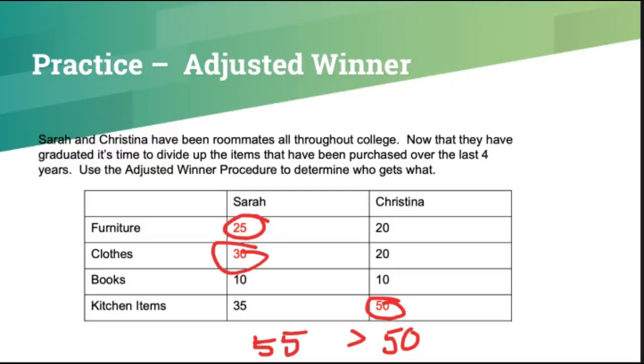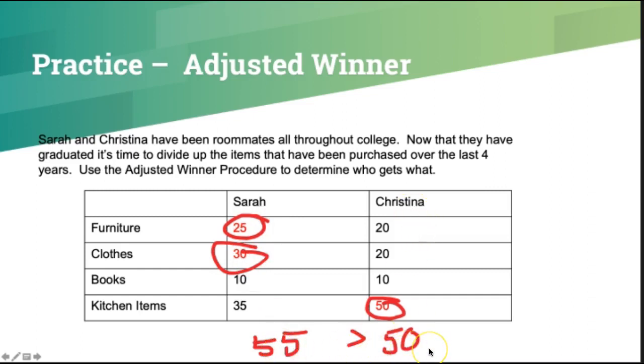We can see that, at least with the adjusted winner procedure, if we were to give Sarah the furniture because she thinks that it is worth more than Christina does, and give the clothes to Sarah because she thinks they're worth more, and then give Christina the kitchen items, which she thinks are worth more, we would end up with Sarah getting 55 and Christina getting 50.